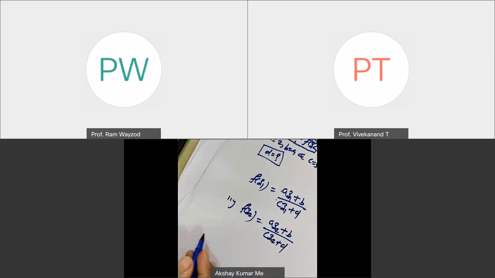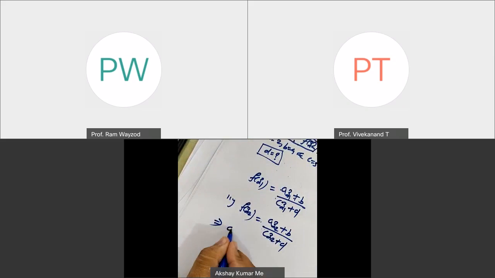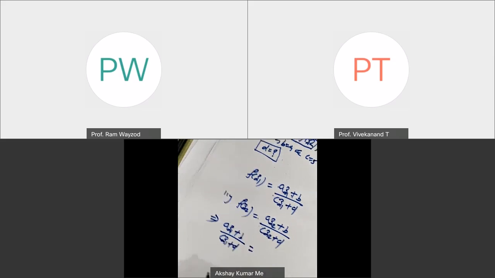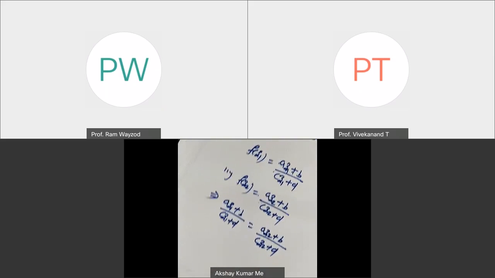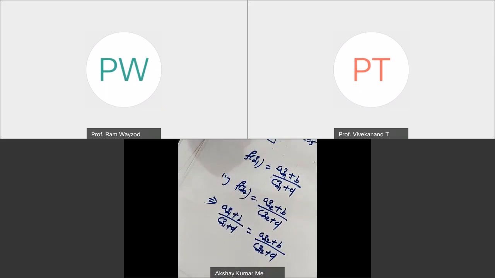So in the next step, (a z1 plus b) upon (c z1 plus d) is equal to (a z2 plus b) upon (c z2 plus d). We use the given condition.